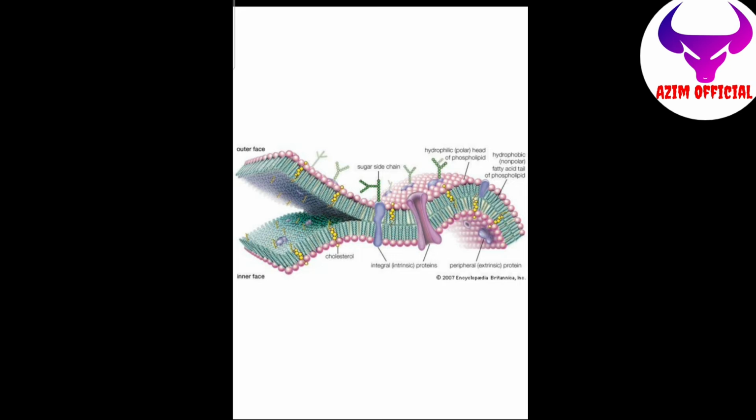There are three varieties of cytoskeletons: microtubules, microfilaments, and intermediate filaments. You can say MMI. What are the cytoskeletons? Microtubules, microfilaments, intermediate filaments. Please say, what are those cytoskeletons?